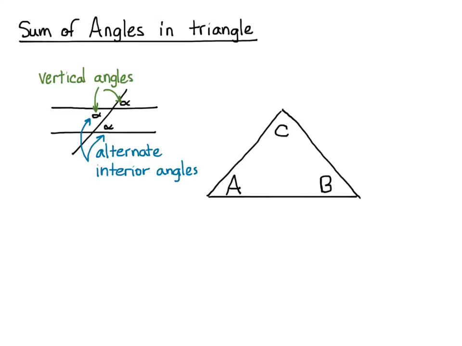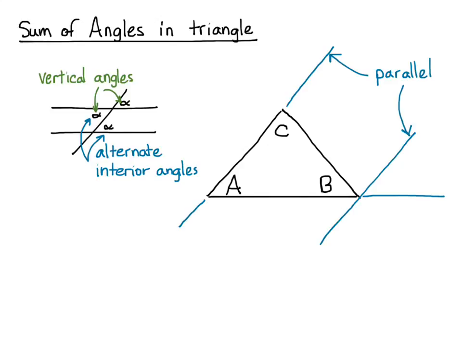So if we were to draw a triangle, extend the two sides, and make a parallel line here, we know that these two angles, A is A, the same reason why here alpha is alpha, and then C is an alternate interior angle to C, and so here this started out to be a straight line, so A plus B plus C equals 180. So that's just a geometric way to look at it.